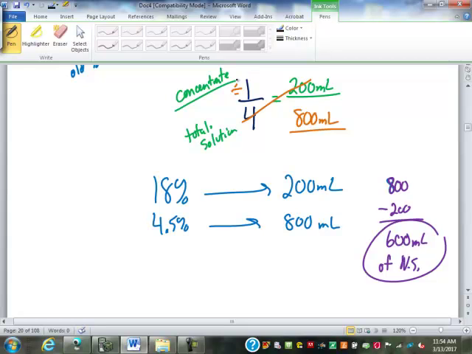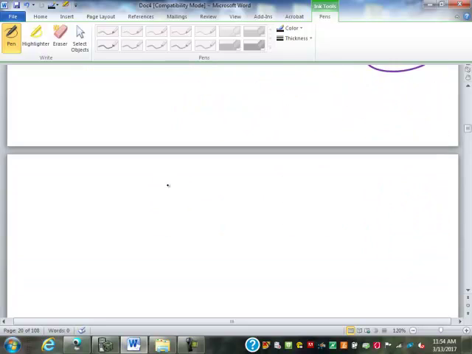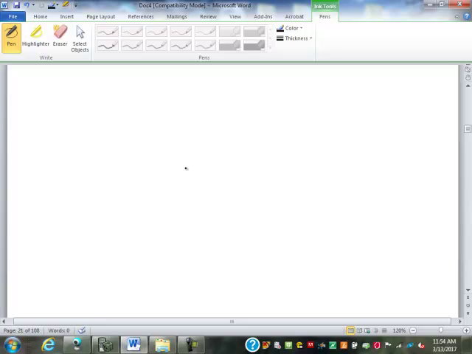So once we know that the ratio of the percents is going to be equal to our dilution, then it simplifies the problem. In fact, we can go the other way.